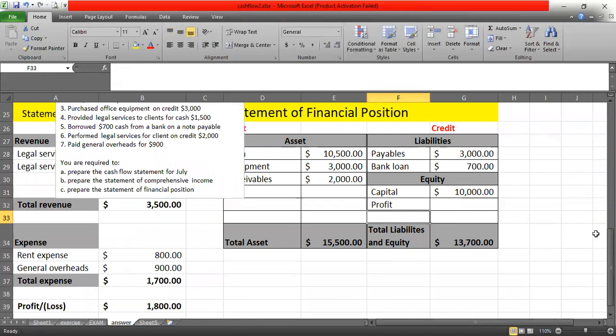We know that from our statement of comprehensive income, the company managed to generate a profit of $1,800. So this profit will be included in the statement of financial position, $1,800 like this. So now the total balance will be equal, $15,500 on the asset side or the debit side, as well as on the credit side, which totals $15,500 as well.